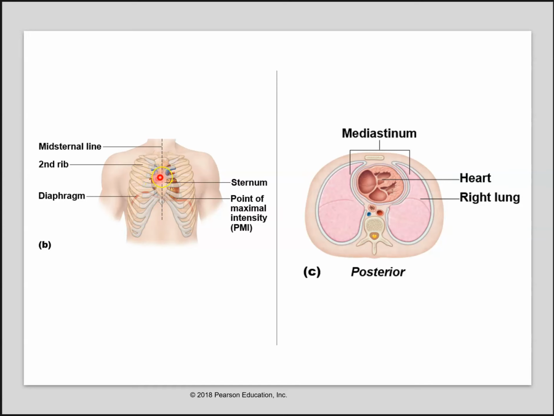So right over here, the top of the heart is called the base, and the bottom pointy end of the heart is called the apex. This is unusual because apex means the tip, and usually when you think of the apex, you think of the top. But in the case of the heart, this pointy end is called the apex of the heart.